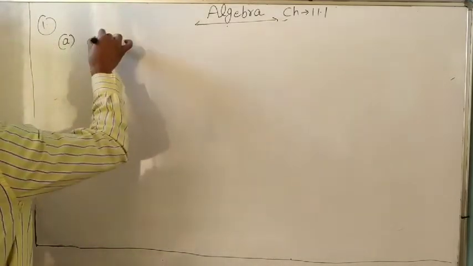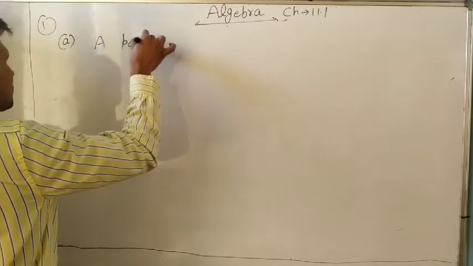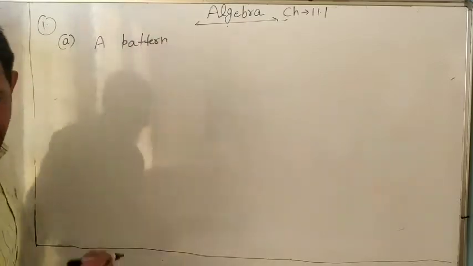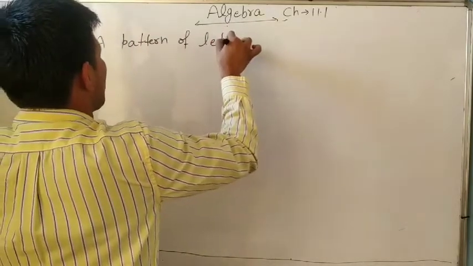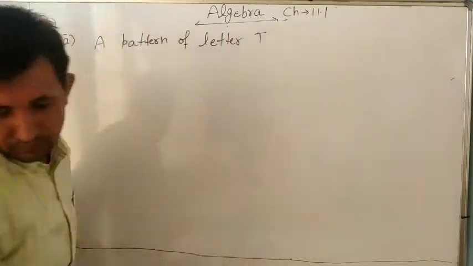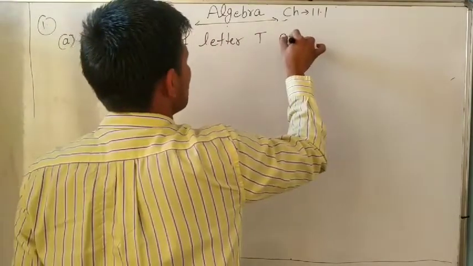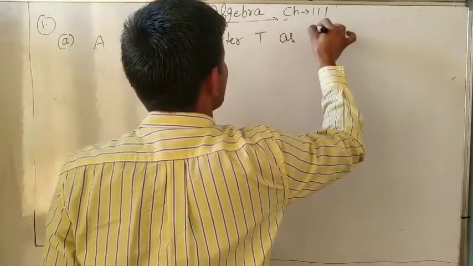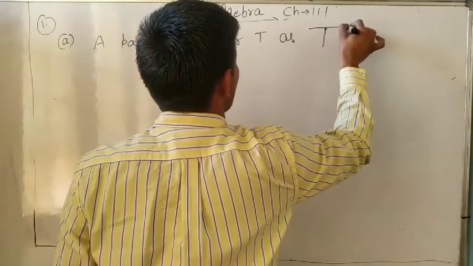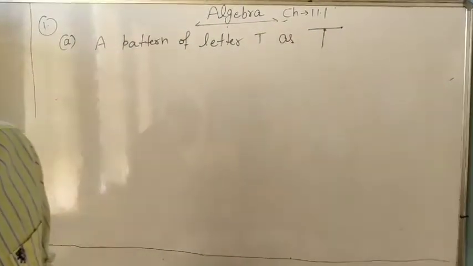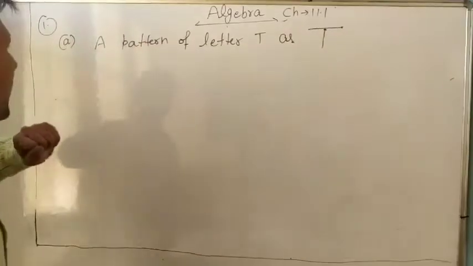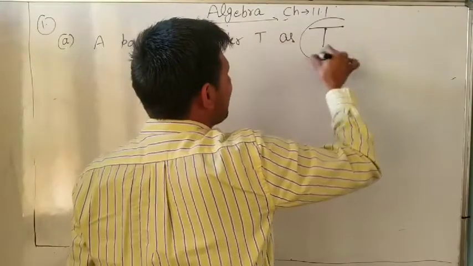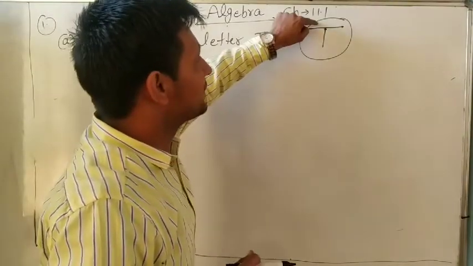A pattern of the letter T. So T is using these matchsticks, 1 and it is 2. Understand or not? So tell me, if we want to make 1 T, how many matchsticks do we require?